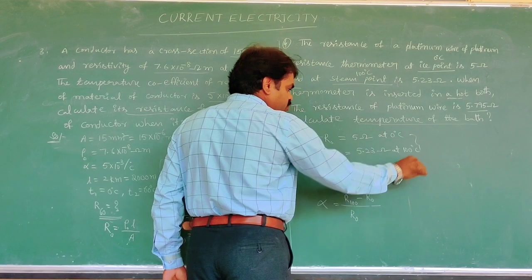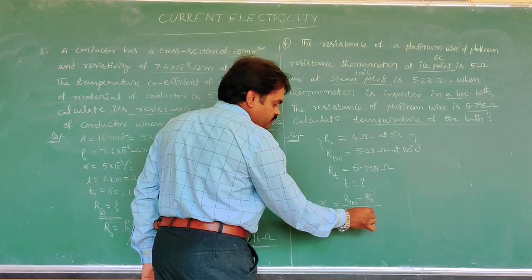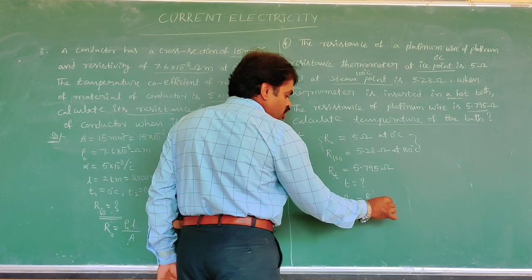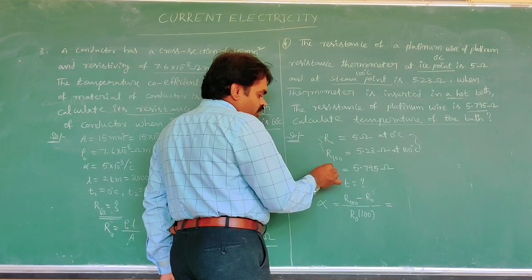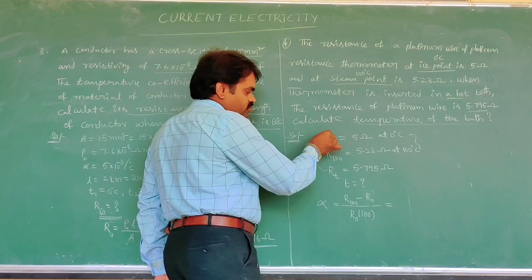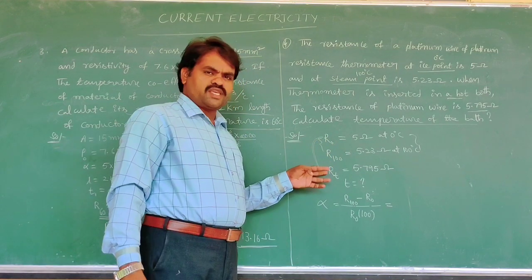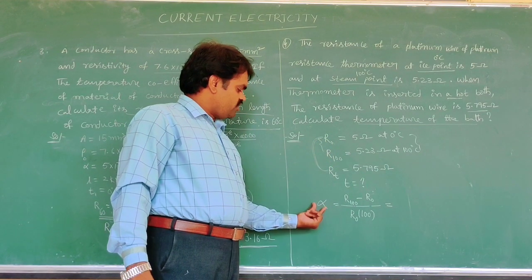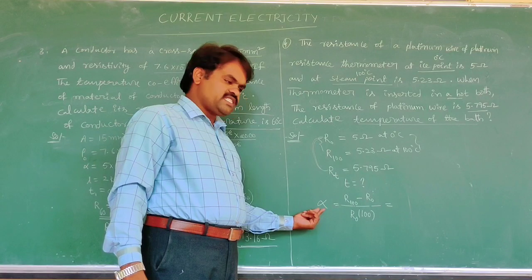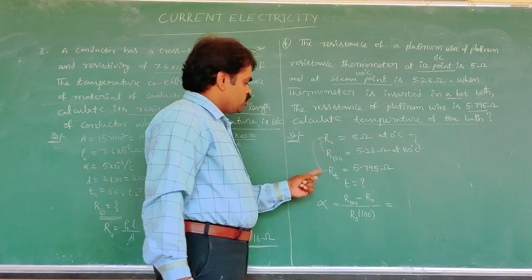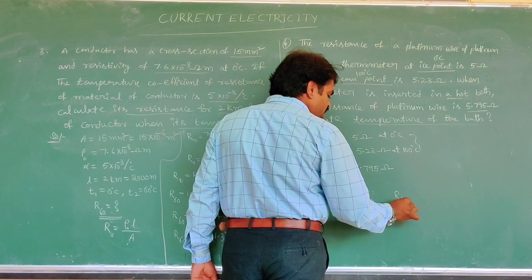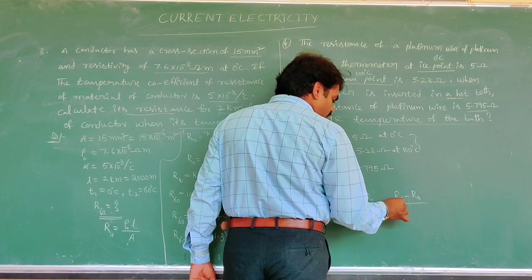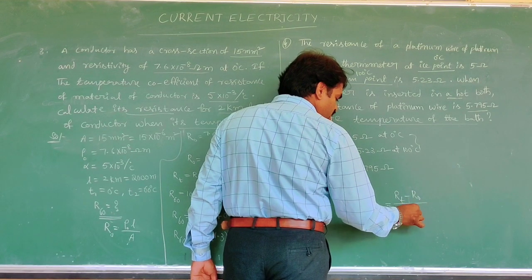What is the temperature difference between these? 100. This is equal to, for these two, because of the same conductor, the temperature coefficient at 0 degrees Celsius will be the same. That's why we are using this formula, RT minus R0 by R0 into T.